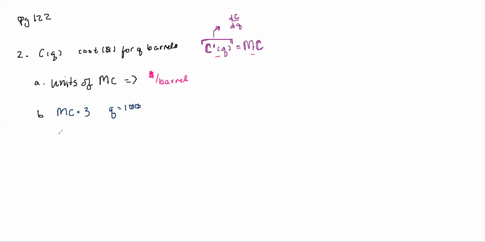I usually think of it almost exclusively in terms of C prime of Q. So what we're not looking at is $3 for every 100 barrels. What we're looking at is what's going to happen if we add one more barrel? What is the cost for that one extra barrel?